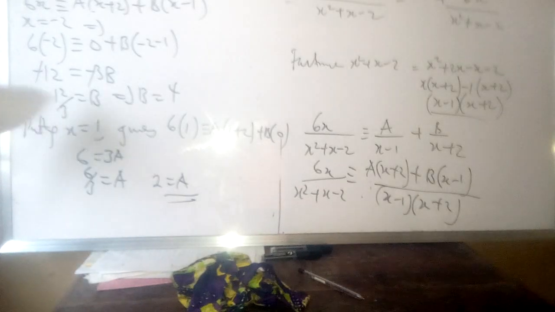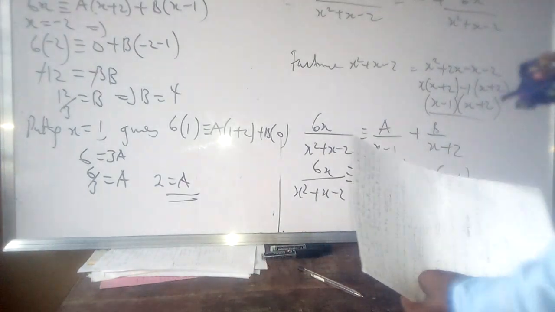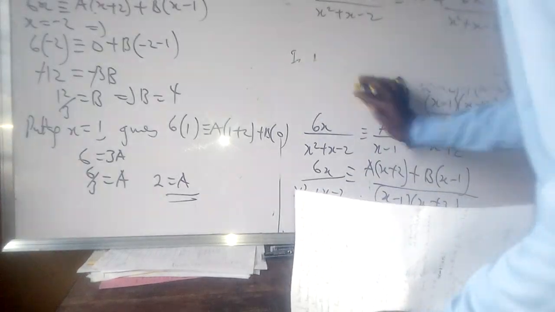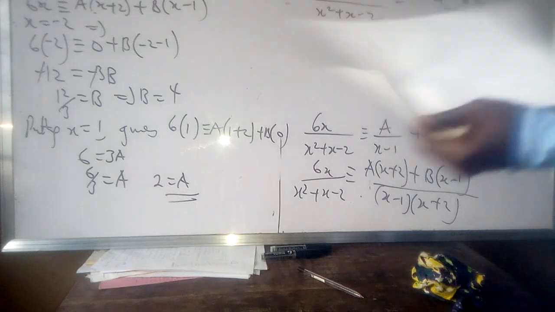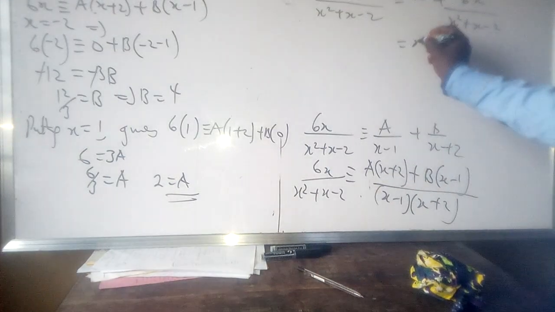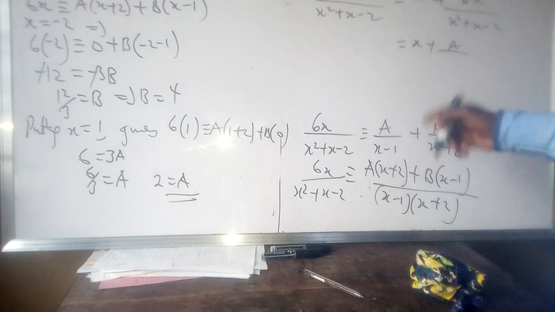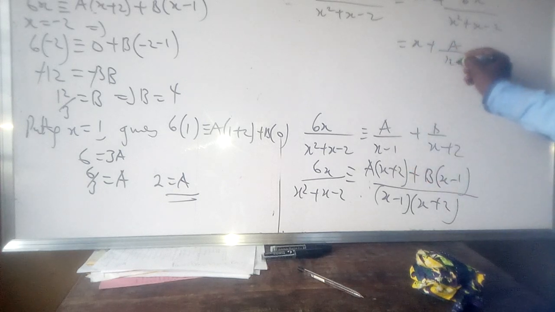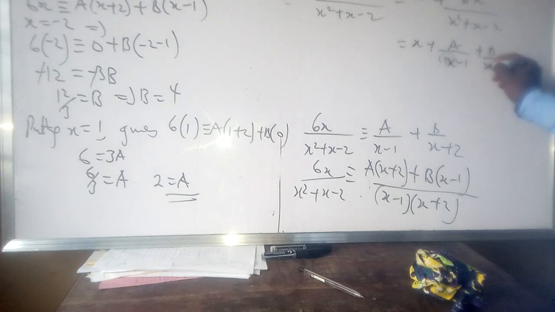Now that we have gotten A equal to 2, we go back to our function, which we have now resolved into x plus A all over (x minus 1) plus B all over (x plus 2).